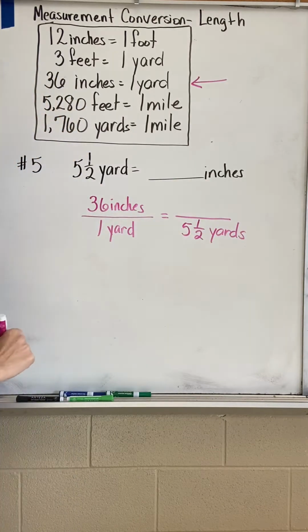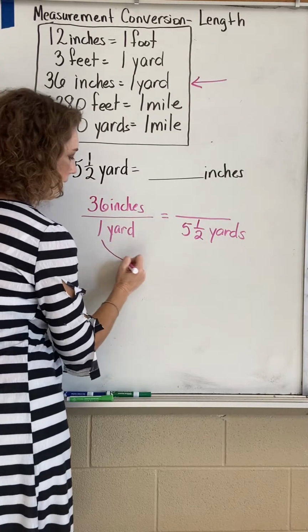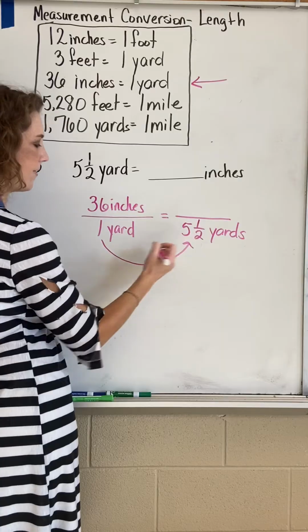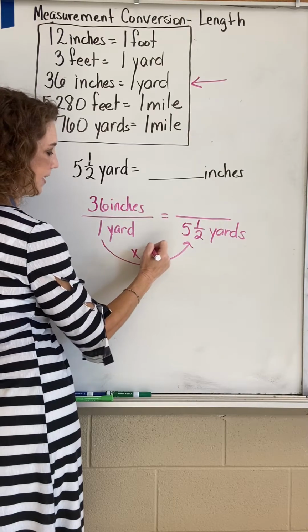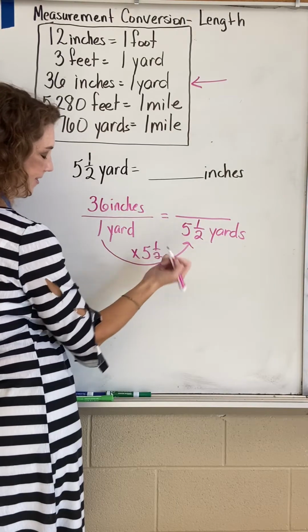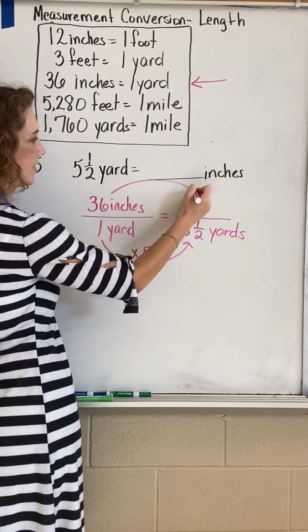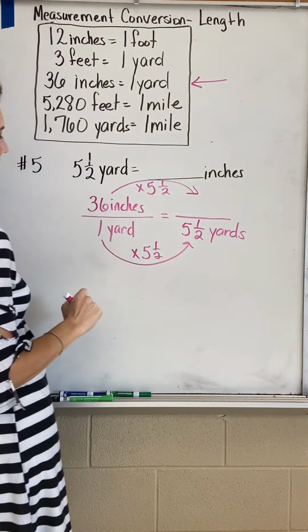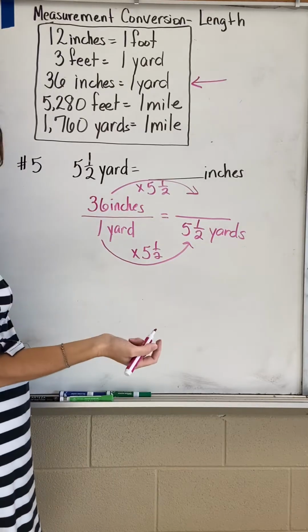Okay, so how do we get from 1 to 5.5? 1 to 5.5 would be times 5.5. So we're going to do the same thing to the top, times 5.5. So we're going to do 36 times 5.5.